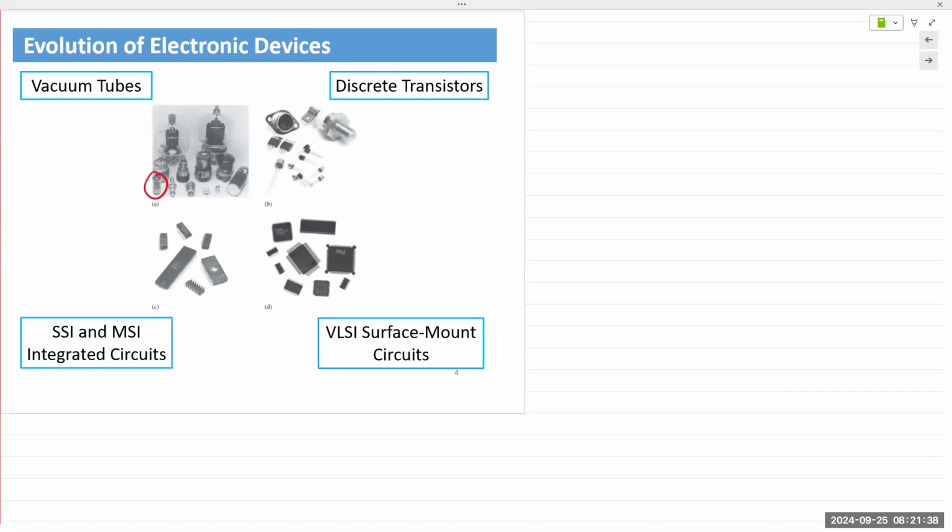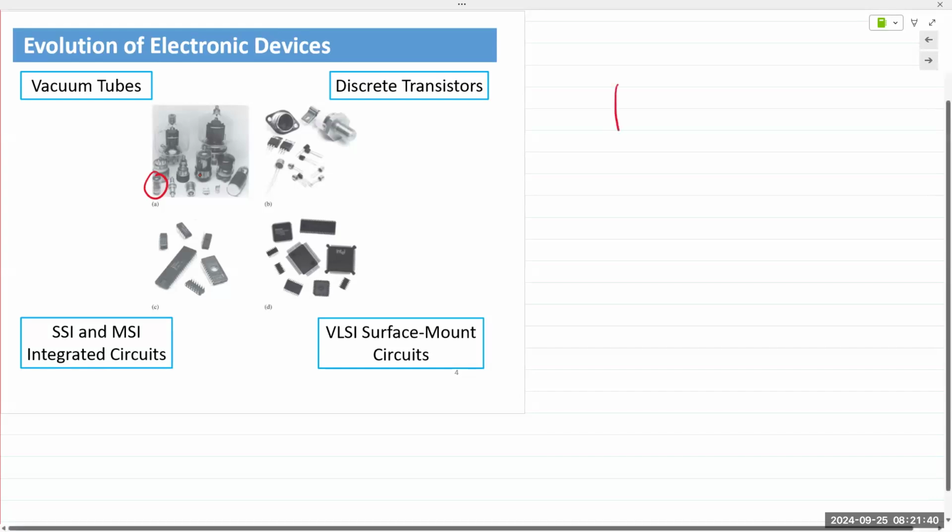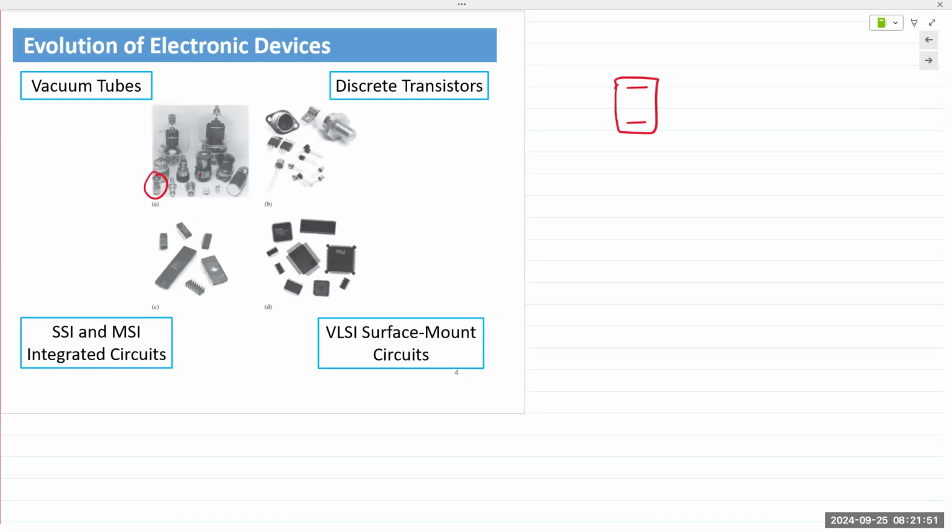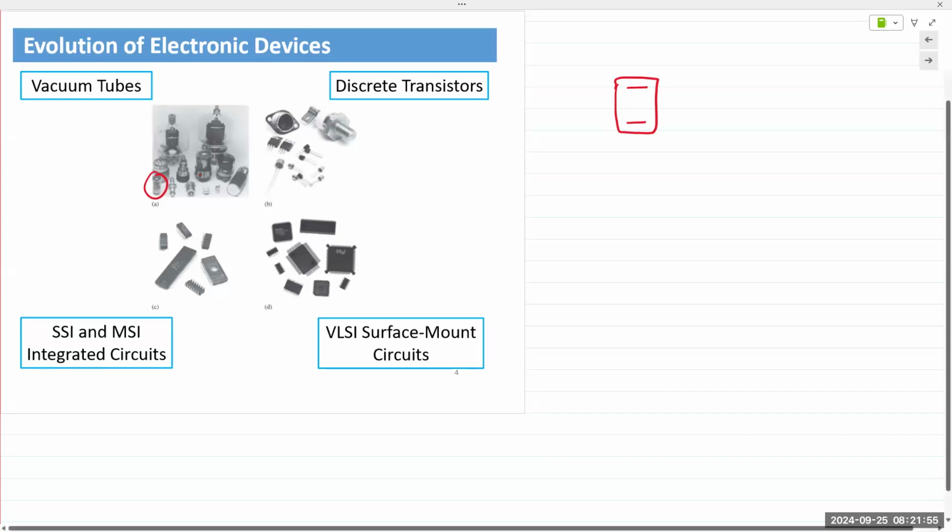A vacuum tube essentially had two electrodes inside a glass tube held at a vacuum. It's completely sealed at a vacuum. This electrode was known as the cathode, and this one is known as the anode.